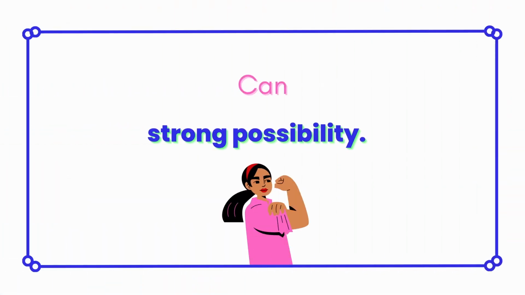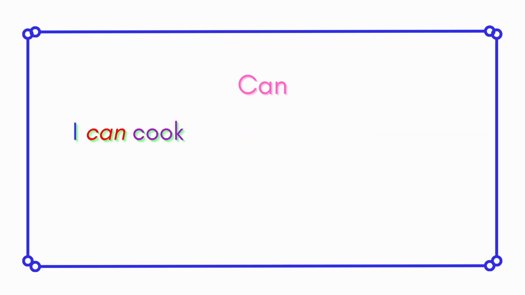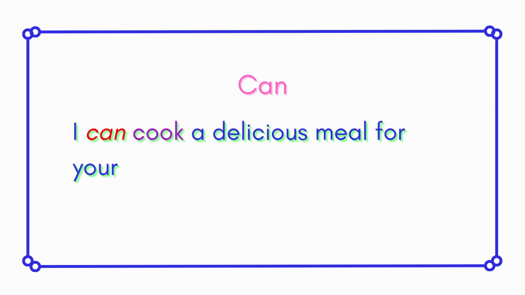Possibility. Can refers to something with a strong possibility. I can cook a delicious meal for your birthday. I can cook shows a certainty that a person is confident at cooking.